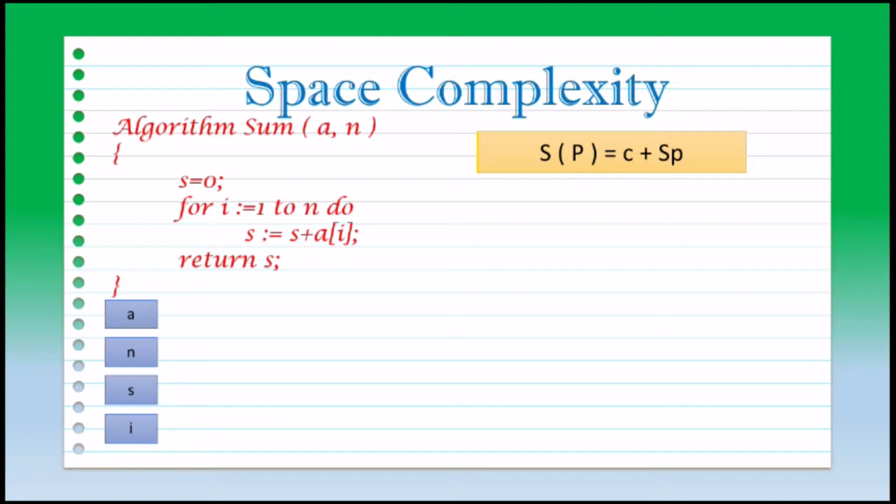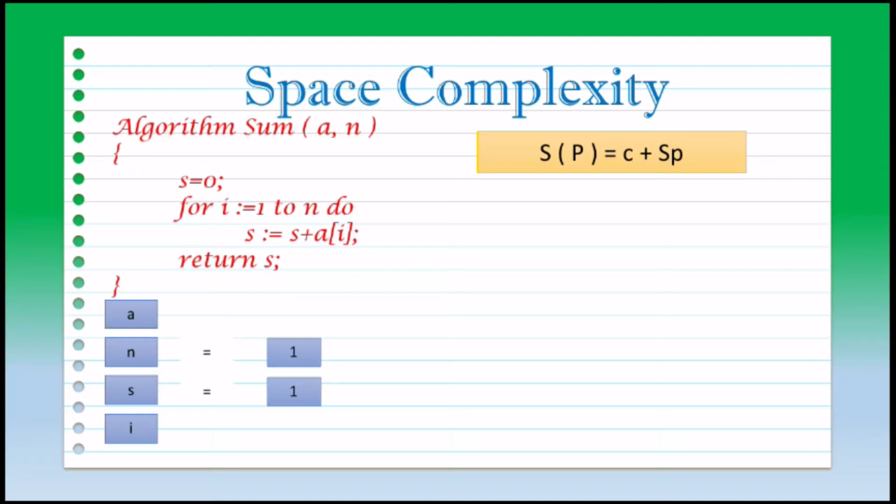Here the size of n is fixed, that is, it requires only one word. The size of s is also fixed. Even though the value of s may change in the algorithm, the space required for s is one word.